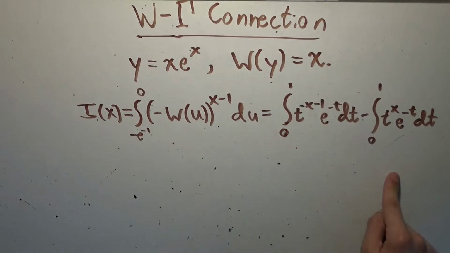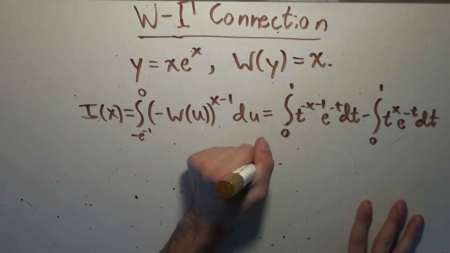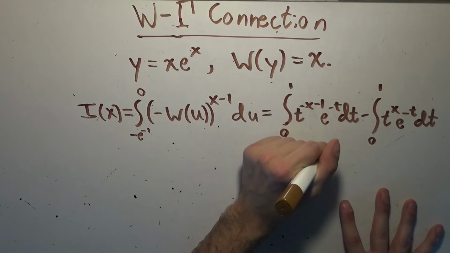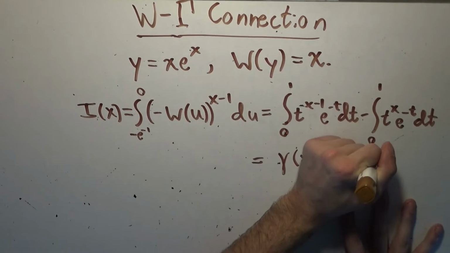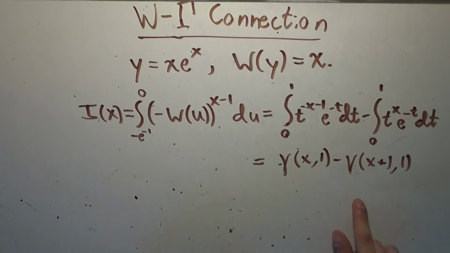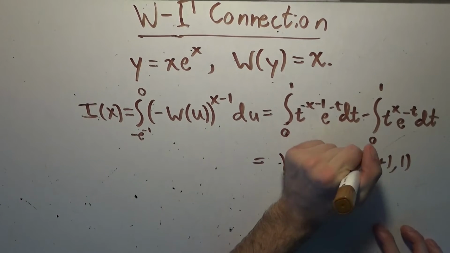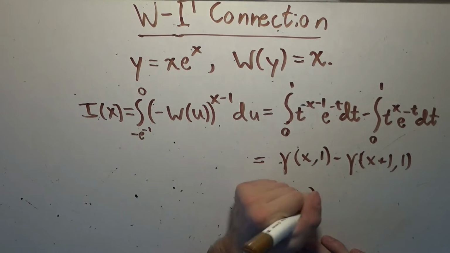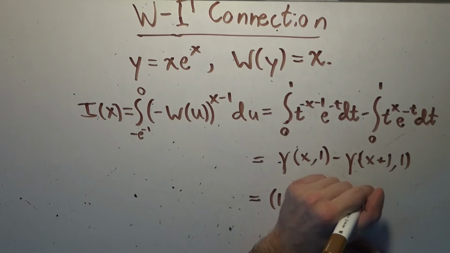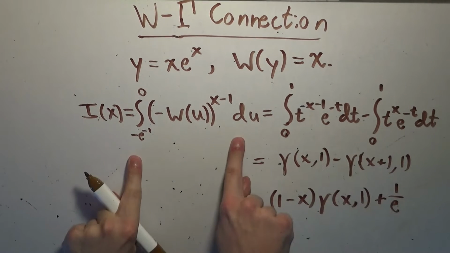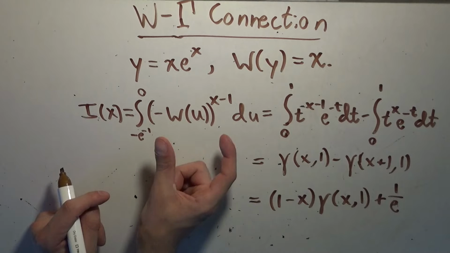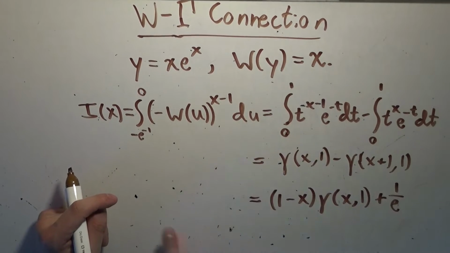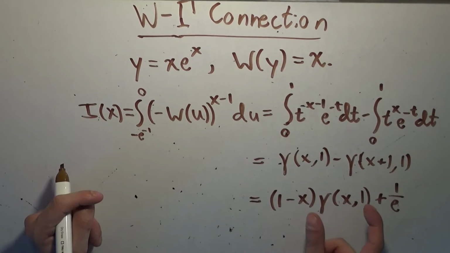And these are the lower incomplete gamma functions, so this was possible to rewrite as little gamma of x comma 1 minus little gamma of x plus 1 comma 1, and because of the recursion formula for the lower incomplete gamma function, we were able to show that this was the same thing as 1 minus x times gamma of x comma 1 plus 1 over e. So this integral over that little bit of the W function that's to the left of the y-axis, made positive and then raised to real powers, gives you this function right here, sort of in terms of a gamma function.